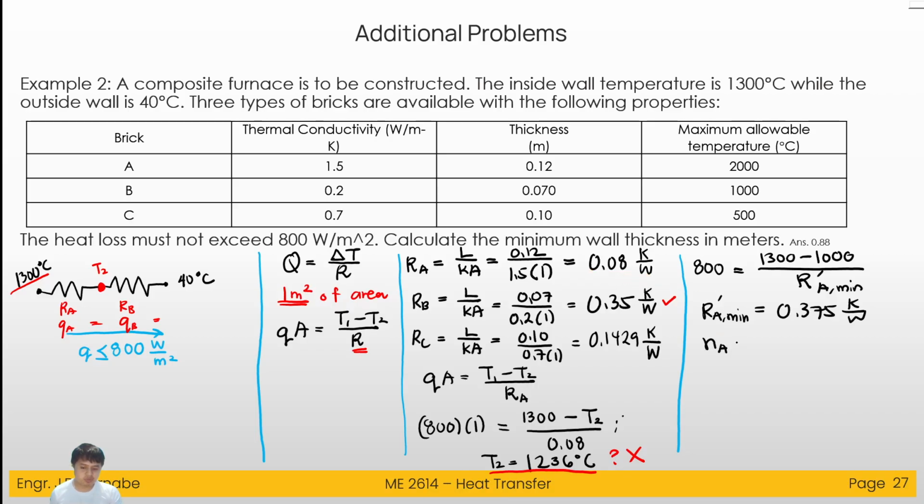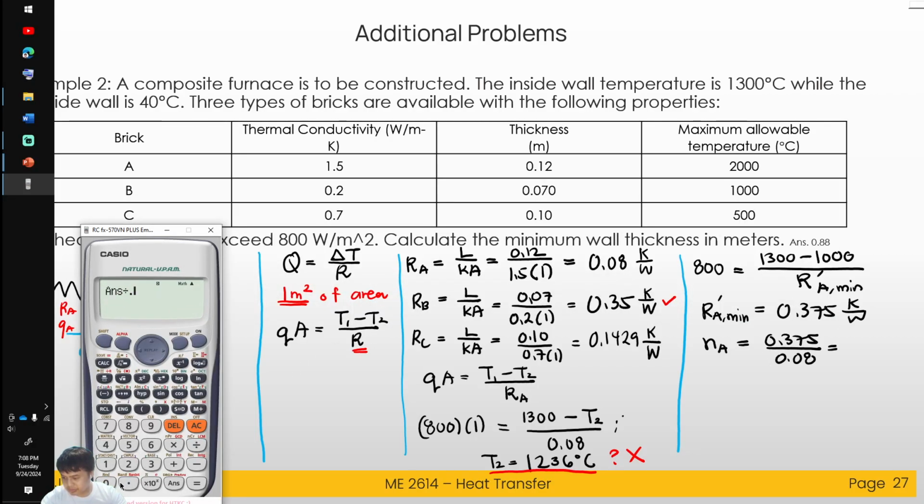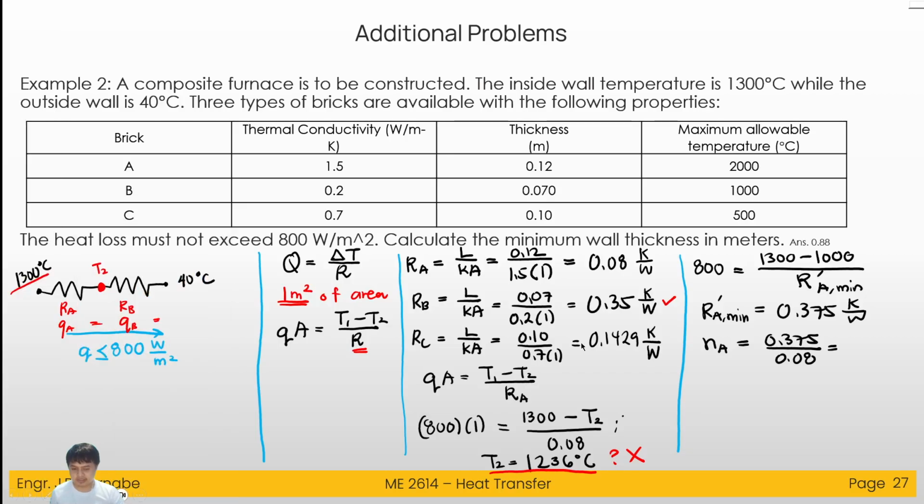So we can find the number of bricks by dividing 0.375 by 0.08. So you have 4.69. Or in other words, you don't buy half a brick, so you should use 5 bricks.